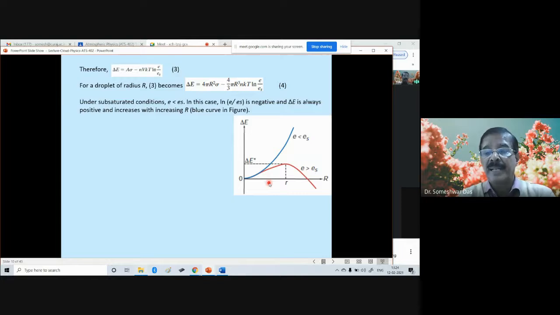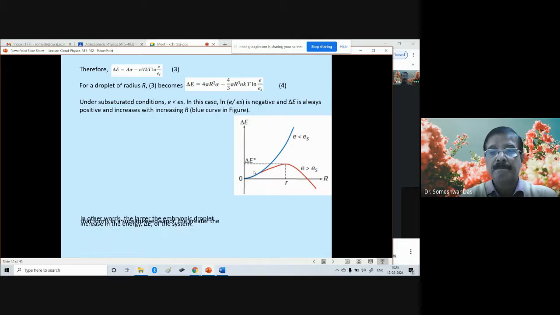How the radius of the water droplets increases as a function of delta E, which in turn is a function of the saturation vapor pressure. Under subsaturated condition, the delta E is always positive and increases with increasing R.